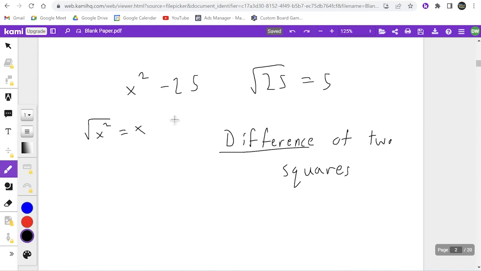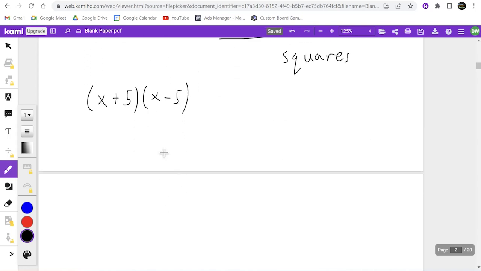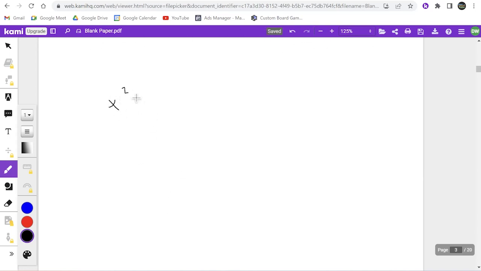Anyways, whenever you have a difference of two squares, you take the square root of both, like this. The square root of x squared is x, the square root of 25 is 5, and that automatically becomes x plus 5 times x minus 5. So for instance, if I had x squared minus 4, I know the square root of x squared is x, I know the square root of 4 is 2, so immediately I know the answer is x plus 2, x minus 2.